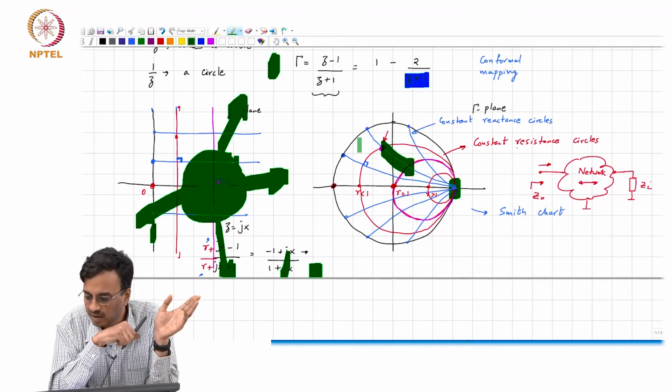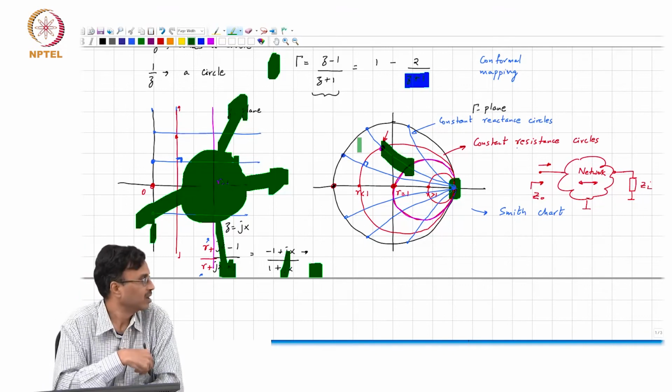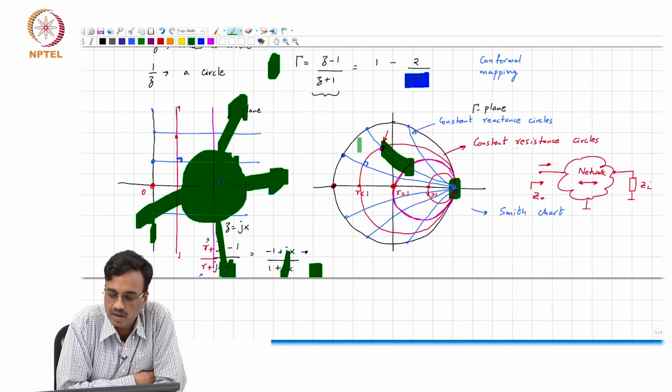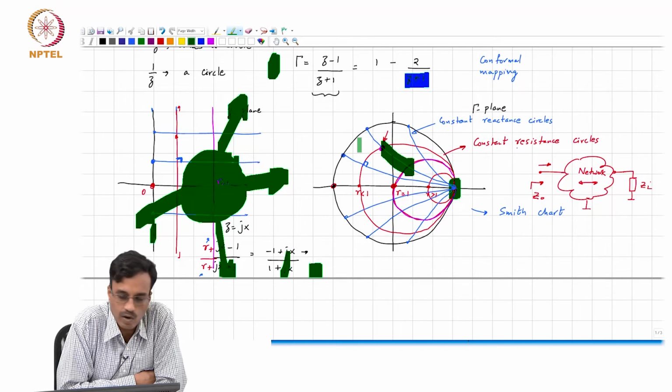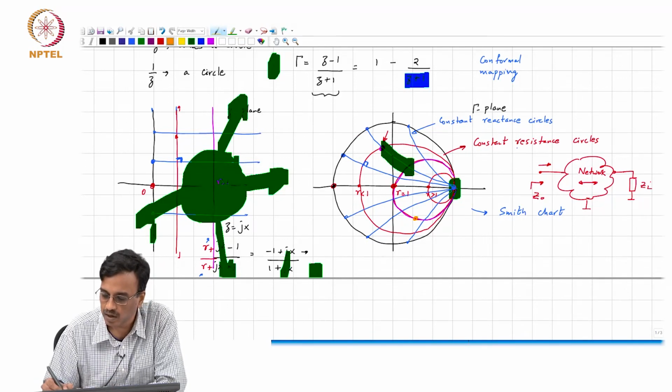I think it's not particularly useful in this class, and those of you who are interested can go and look up a Smith chart and how you can design matching networks which basically allow you to realize an input impedance of Z naught, okay, even when ZL is not what you want it to be, right. I mean, a trivial example would be, for example, if you were here, right.